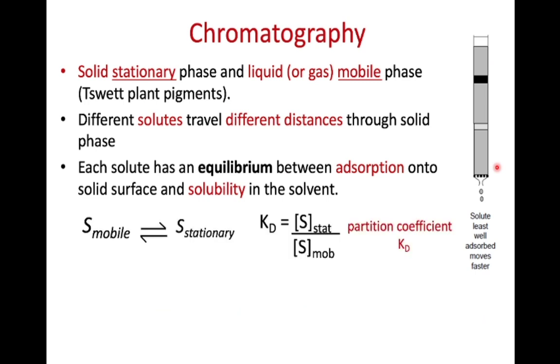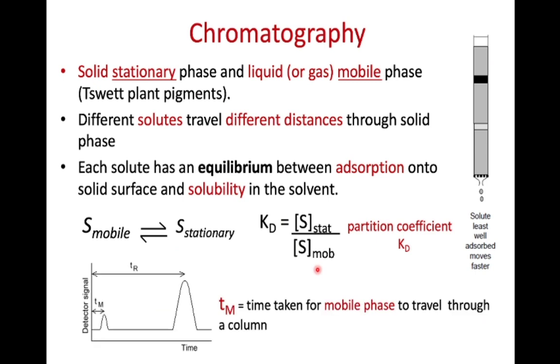This is represented as an equation: S in the mobile phase is in equilibrium with S in the stationary phase. And we can calculate the partition coefficient, which is the concentration in the stationary phase divided by the concentration in the mobile phase.